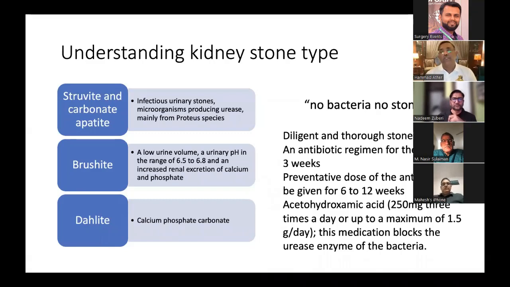For infection stones, it is recommended that you receive a preventive dose of antibiotics for 6 weeks to 3 months. For the first 2 to 3 weeks, you need to give a full dose, and then a prophylactic dose of antibiotic for up to 3 months in these patients.